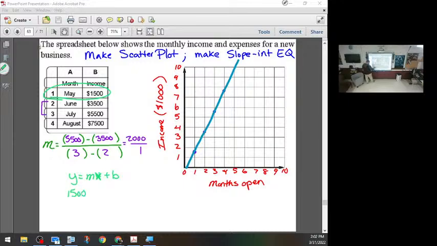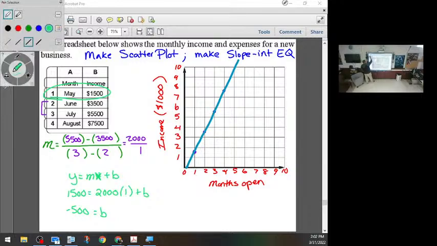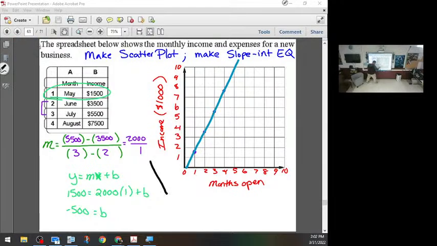Say 1,500 is slope 2,000 times x was 1 plus b. Well, that's just 2,000. So if I subtract 2,000 from the other side, I get b is negative 500. Put it all together, I get my equation: y is 2,000x minus 500.